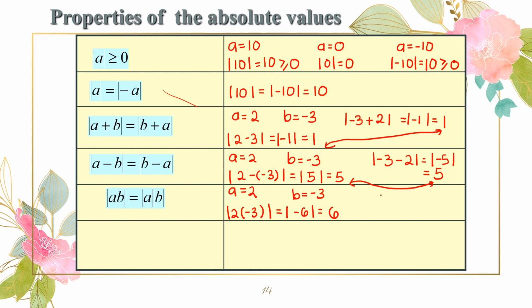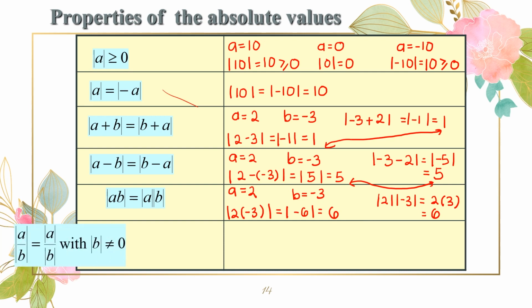Let's check if we take absolute values of the integers one by one. So absolute value of 2, which is our a, and absolute value of -3. So it gives 2 times 3, which also gives us 6. So it's proven it's equal even for the multiplication.